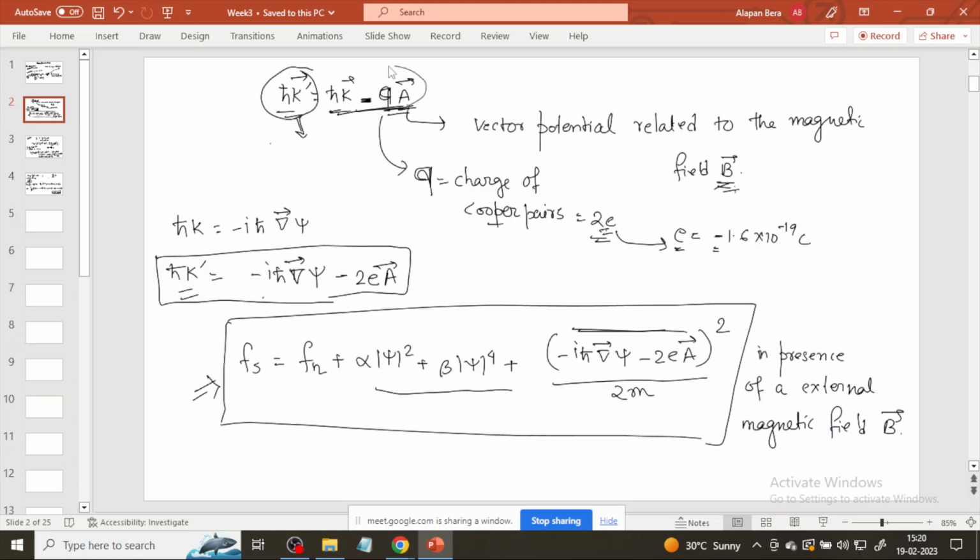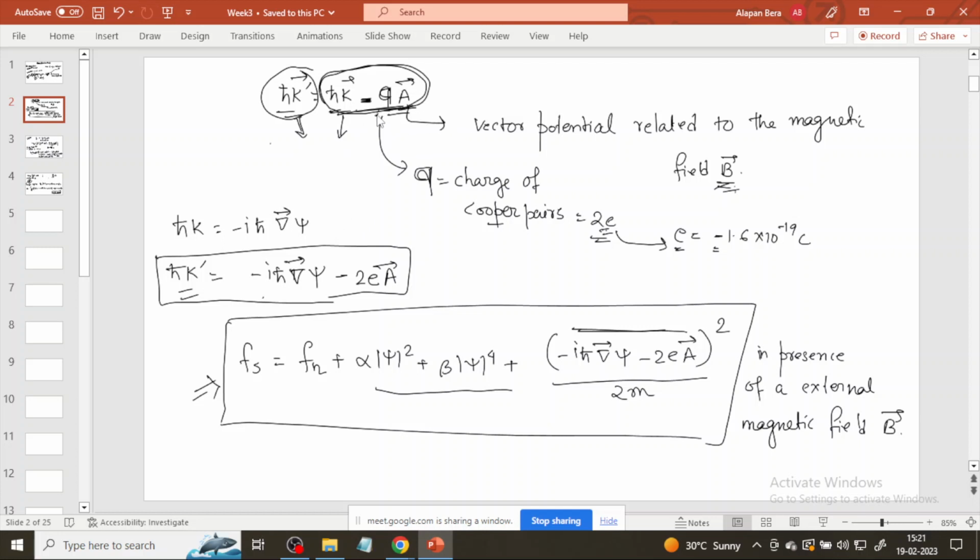This you all know from the derivation of an electron in an electromagnetic field. Okay, so if you have done the problem related to the electron's motion in an electromagnetic field, then you know that the momentum of an electron modifies to this equation when we put an external magnetic field.